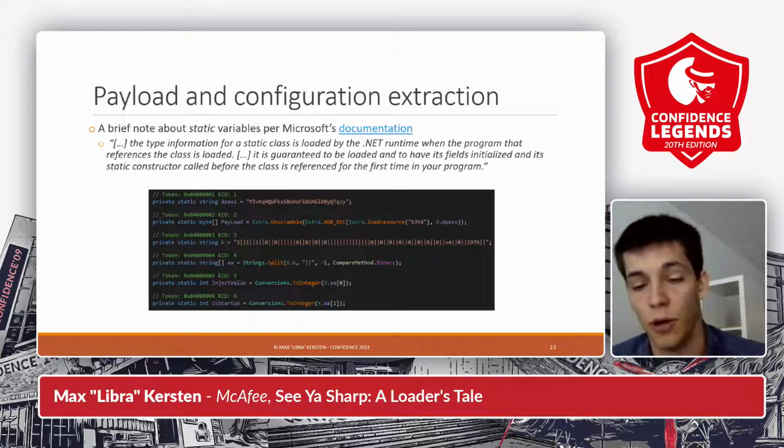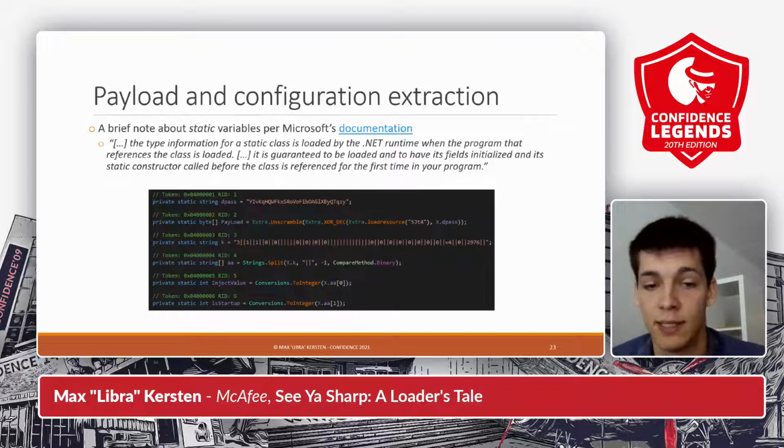Thereby, we do not care if the XOR decryption changes, if the unscramble changes, or if they find a completely new way of decrypting it, as long as they keep it static like this.